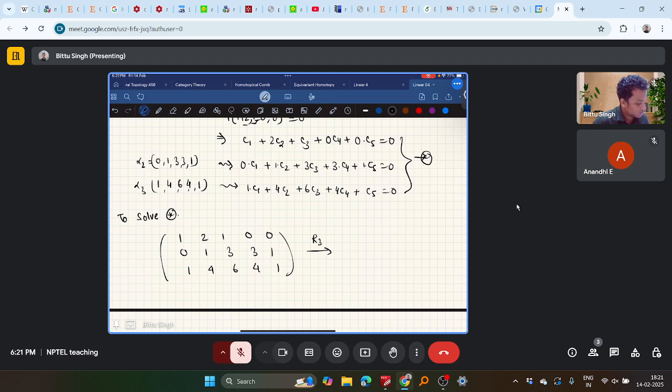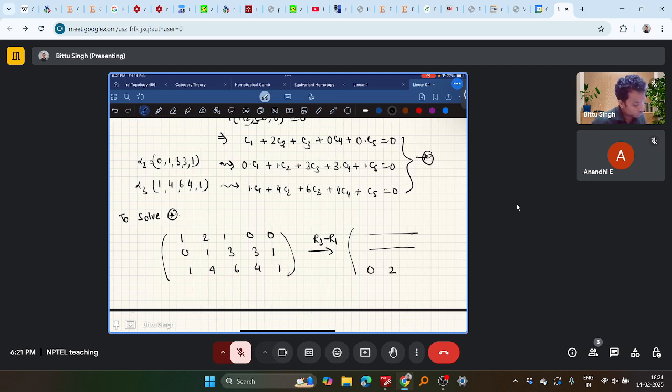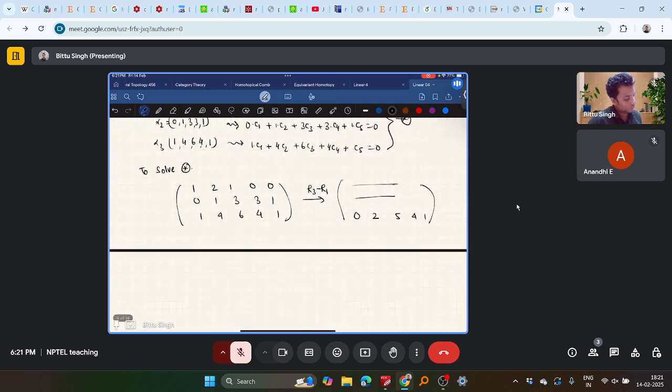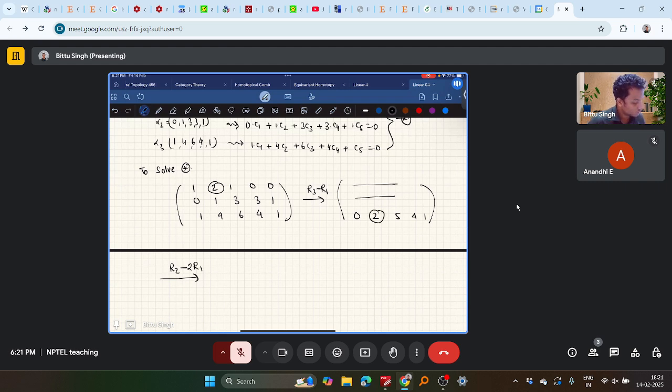Apply R3 minus R1. Everything is the same, but the third row becomes 0 in the first place, and after that 2 5 4 1. Now what can we do? To remove these 2, we apply R1 minus 2 R2.